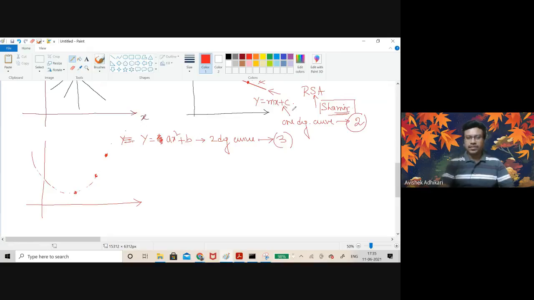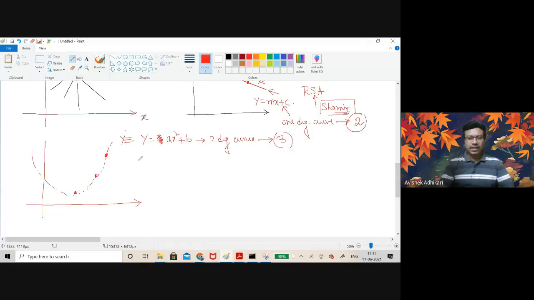So again, if you recap, for 1 degree, 2 points on that curve are sufficient to get back the curve uniquely. For a 2 degree curve, 3 points on that curve are sufficient. That means if you are only given these 3 points, then you can uniquely get back this curve.